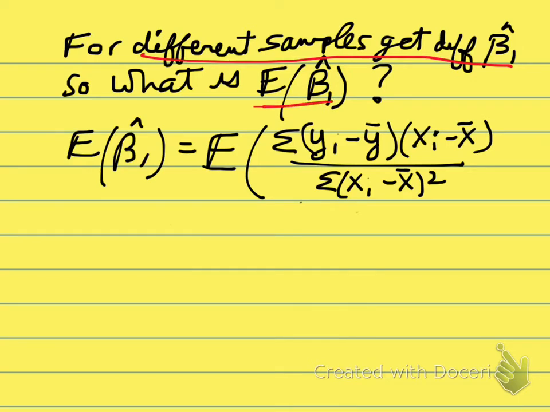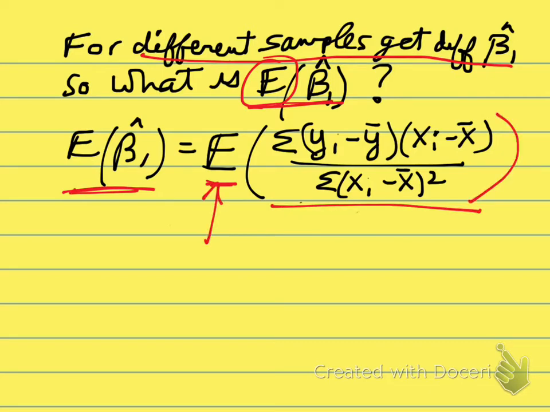So we might want to ask, well, what's the expected value of beta 1 hat? And use this expectations operator. Suppose we took a whole bunch of different samples. What would be the expected value of beta 1 hat? So that's just the expected value of the term that is beta 1 hat. And remember, this is the expectations operator introduced in chapters 2 and 3.